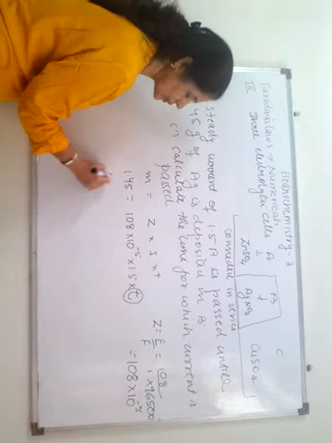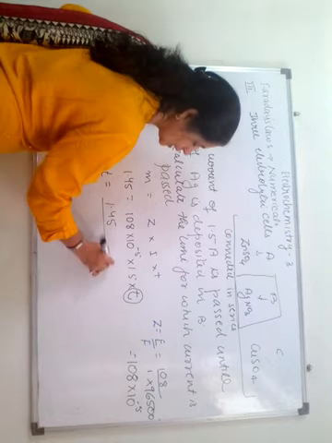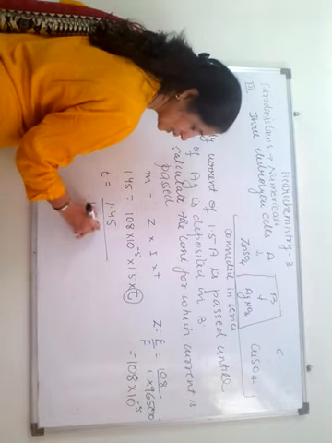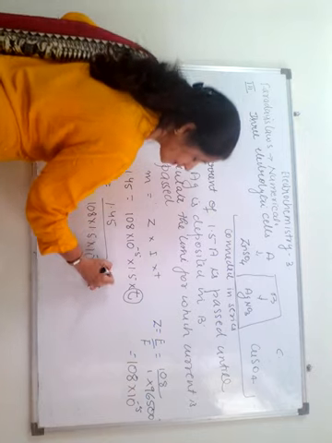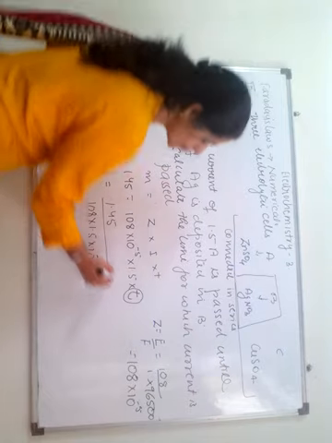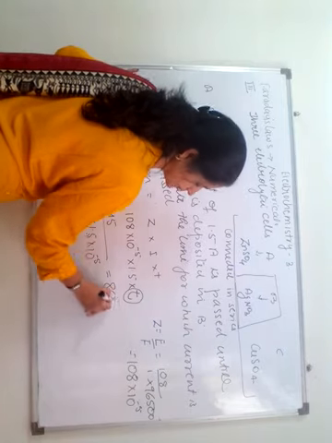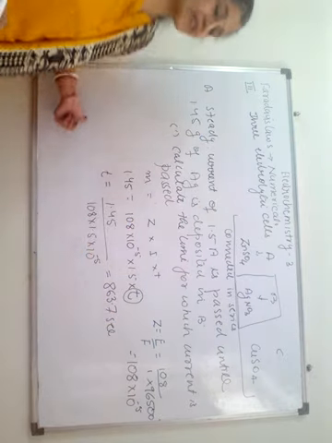So T comes out to be 1.45 upon 108 into 1.5 into 10 to the power minus 5, and this is about 863.76 seconds. 863.7 seconds.